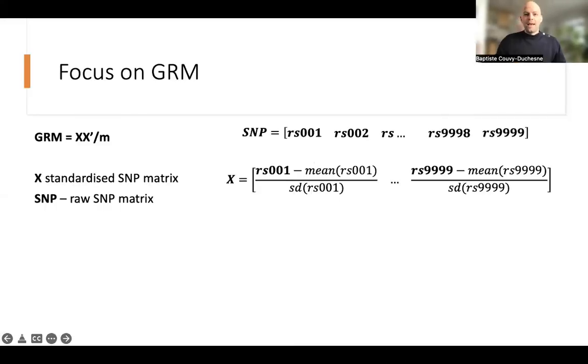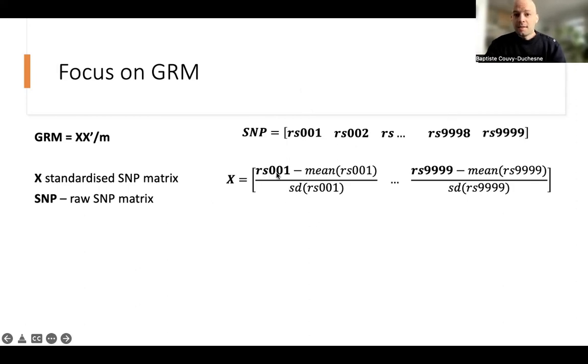All right, so now that we have these models, let's focus a bit on some of the objects, starting with the GRM. The statistics tell us that the GRM is X times its transpose divided by the number of SNPs M, X being a matrix of standardized SNPs. So how do we go from the raw SNP matrix to the standardized matrix? Here's the SNP matrix, where each SNP in bold corresponds to a vector, so a column.